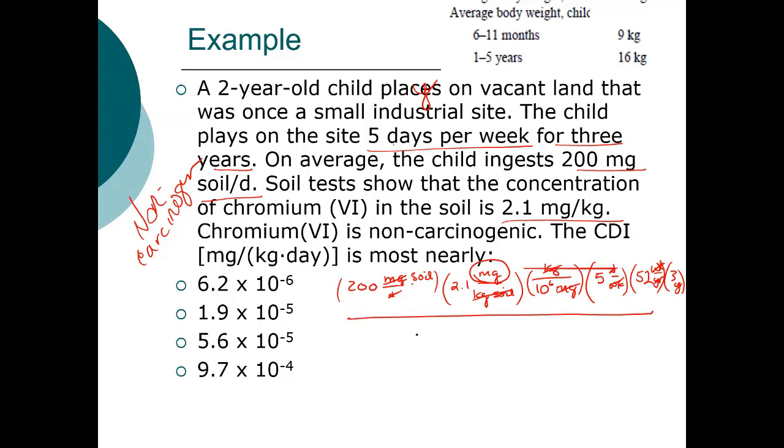We'll divide that by the average weight of a child that is between 1 and 5 years, so 16 kilograms. The exposure time is 3 years and 365 days per year. So years cancel, and we're left with kilogram days in the denominator, and that is equal to 1.87 times 10 to the minus 5 milligrams per kilogram day.